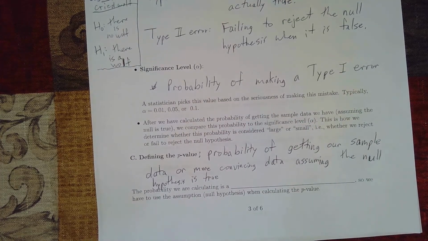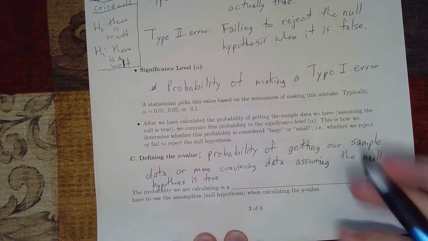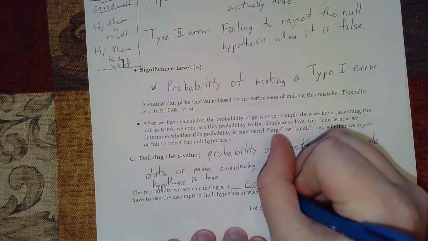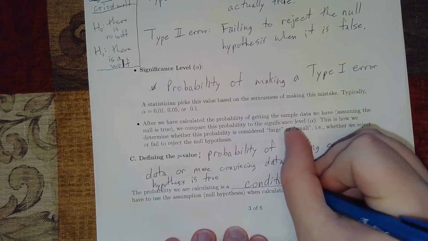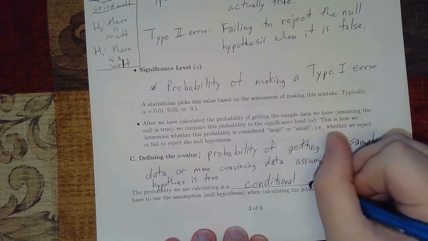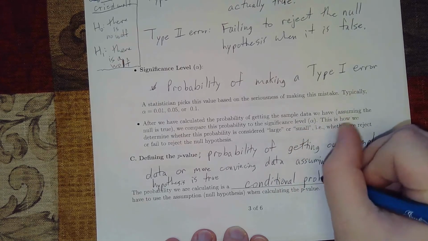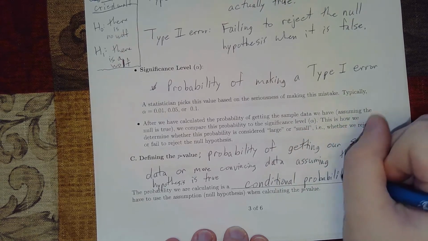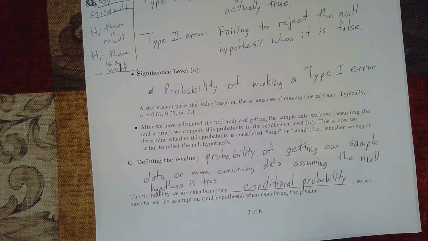Since we have to make this assumption that the null hypothesis is true, this is actually a conditional probability that we are calculating.